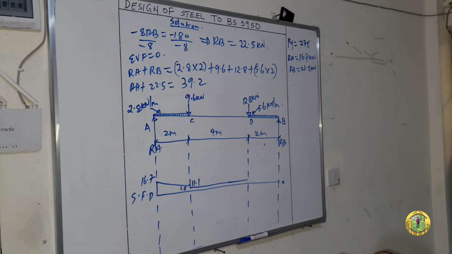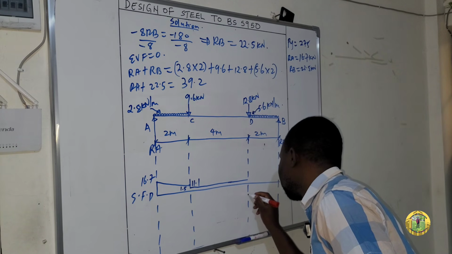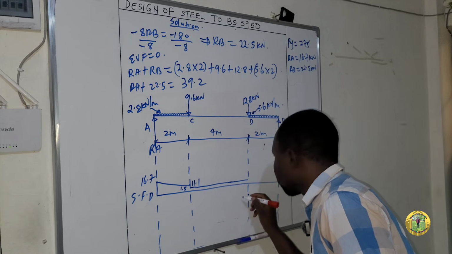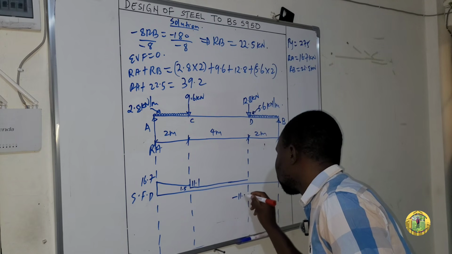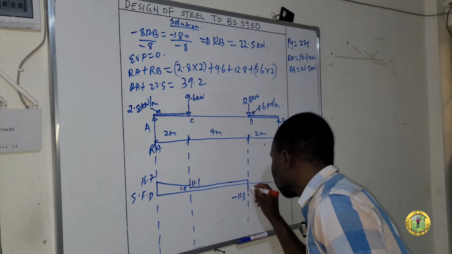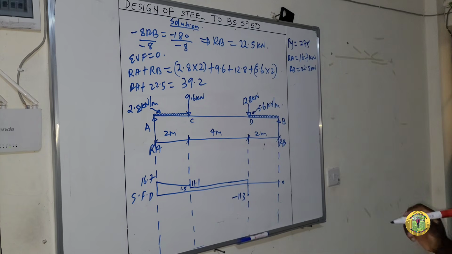So you'll take 1.5 minus 12.8. You'll get negative 11.3. So let's assume 11.3 is here. So this is negative 11.3, like that. And then we'll come to this UDL and say negative 11.3 minus 5.6 times 2.